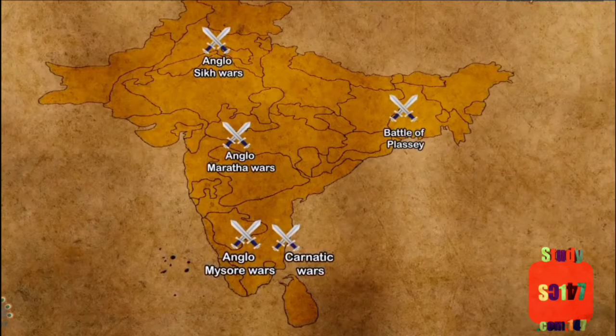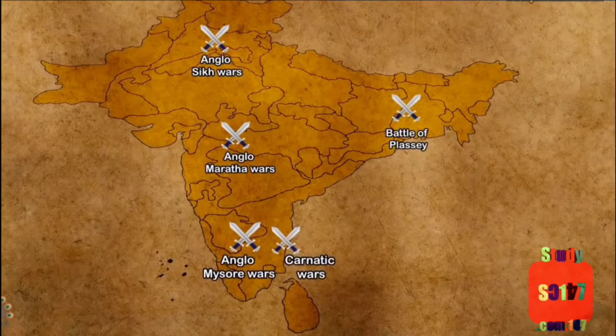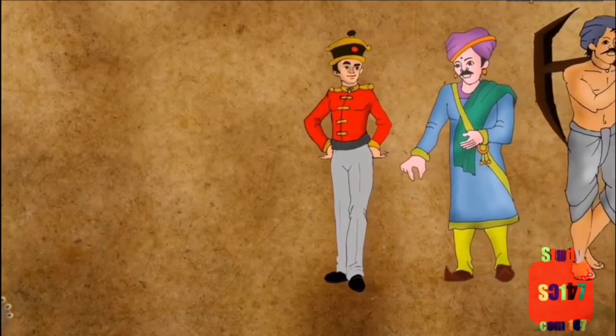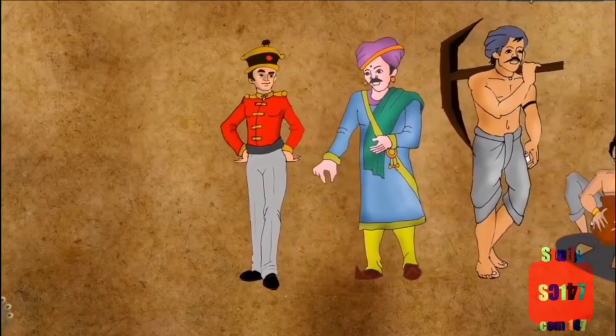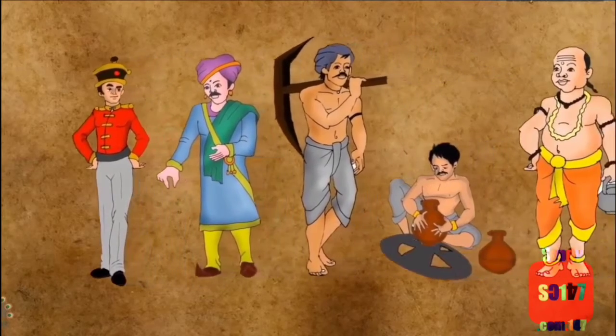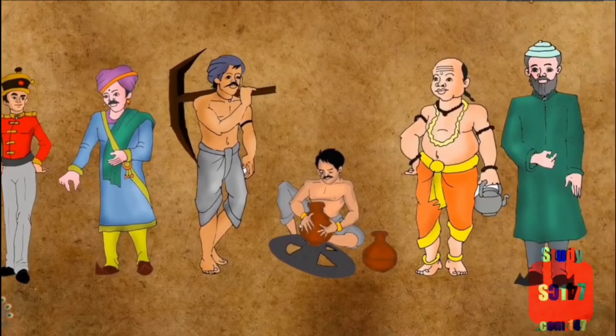The cumulative effect of these policies, exploitation and administrative innovations over the years adversely affected the positions of all the rulers, sepoys, zamindars, peasants, artisans, pandits, small traders etc. were a few among them who were adversely affected.